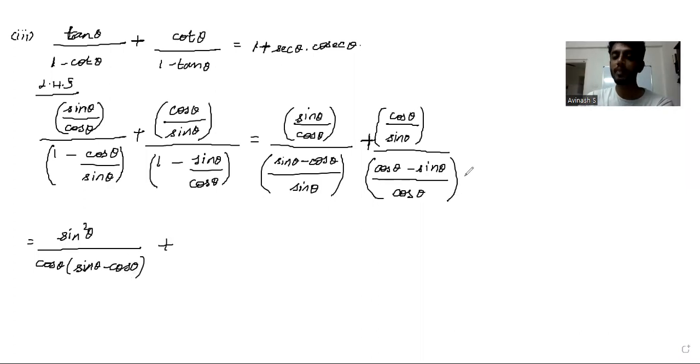Plus, likewise, when this goes, it gets reciprocal. So cos theta and cos theta will become cos square theta divided by sine theta into cos theta minus sine theta.